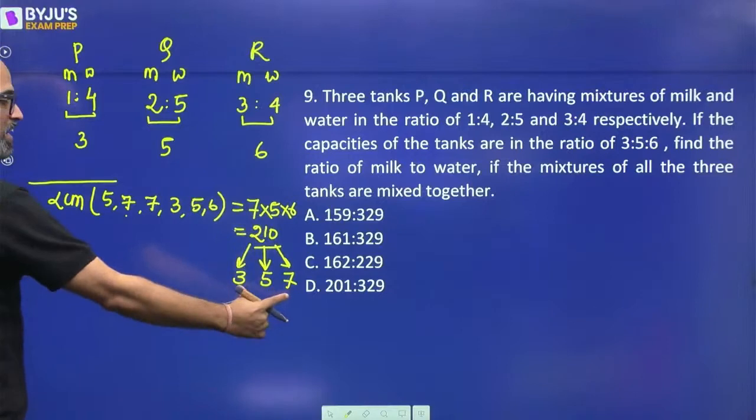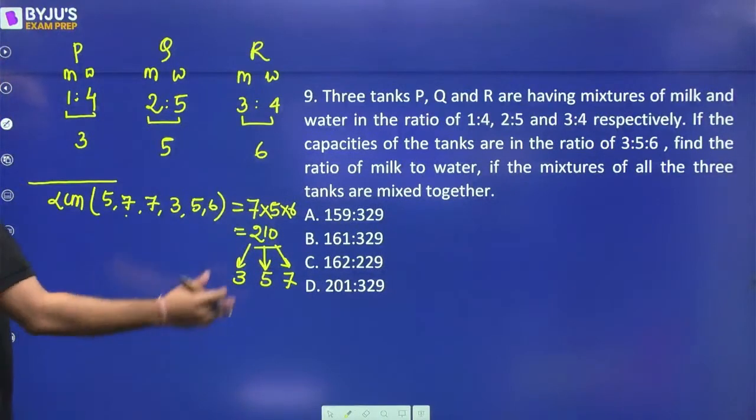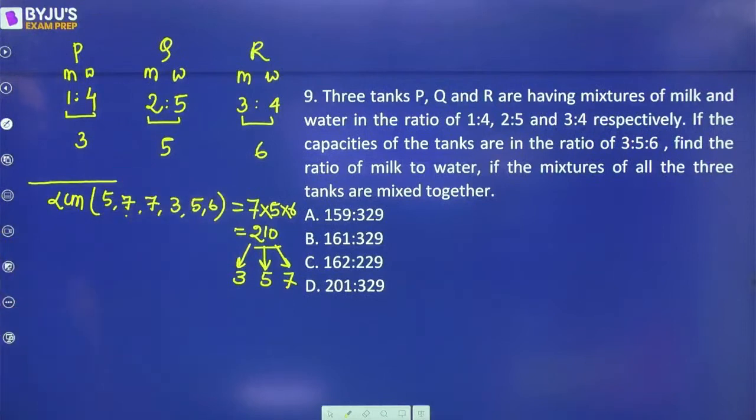So 210 has to be divided into 15 equal parts. Right? So 15 equal parts का मतलब हो गया 14 parts. So you are going to multiply each number by 14. Right?